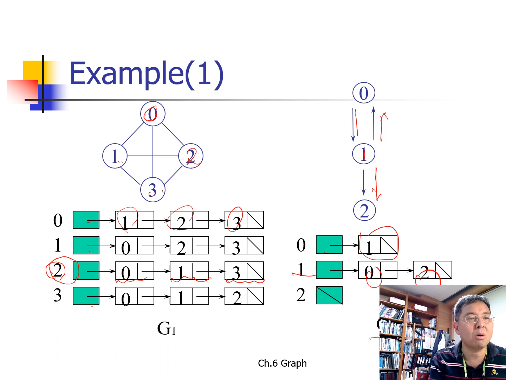And there are no edges outgoing from vertex 2, so there is null. This means a null linked list. Okay, in this way, you can represent every graph using a linked list. Yes, a linked list is a very, very universal, very general method to represent a data structure. So every graph can be represented using a linked list.